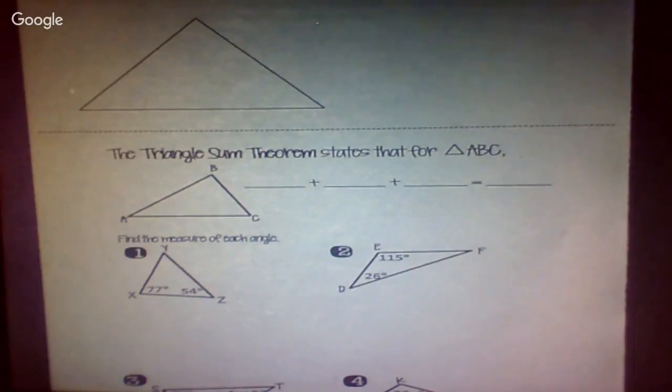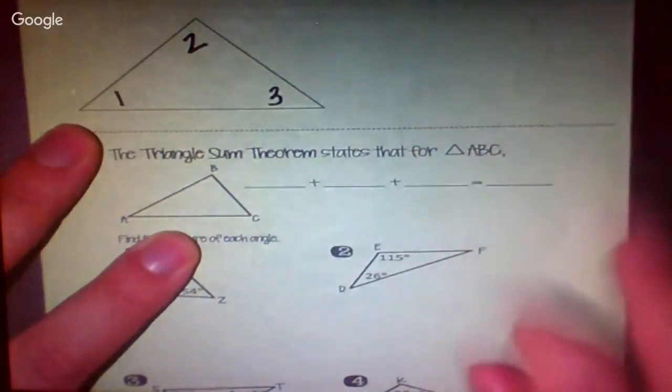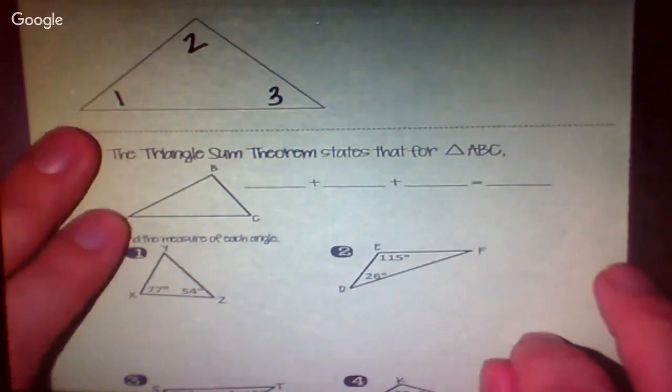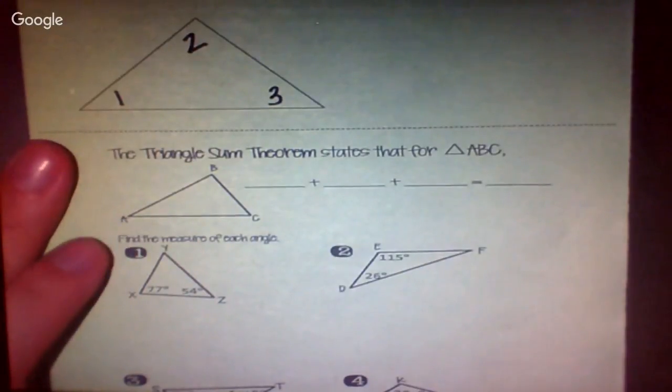Okay. So, a triangle is a what-sided figure? Three-sided figure. So, if there are three sides, you have three angles. Angle 1, angle 2, and angle 3.